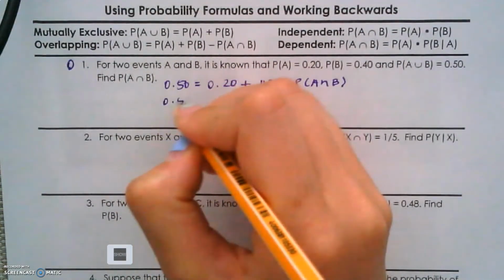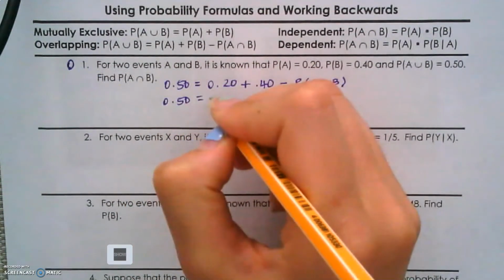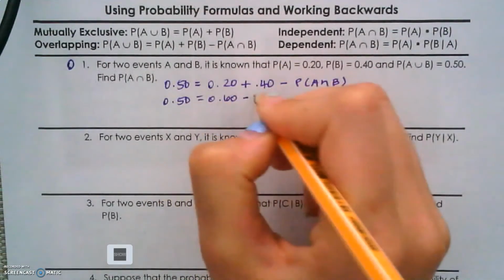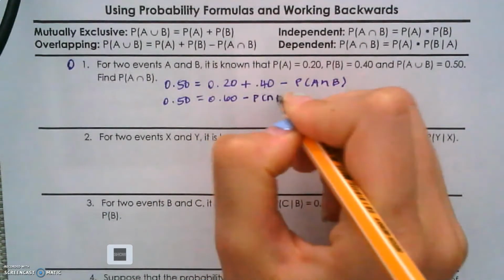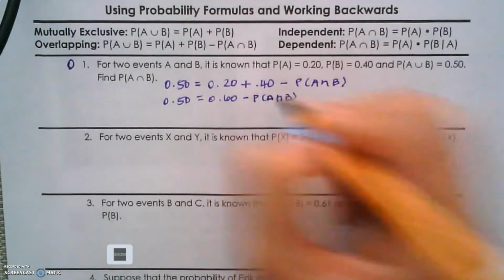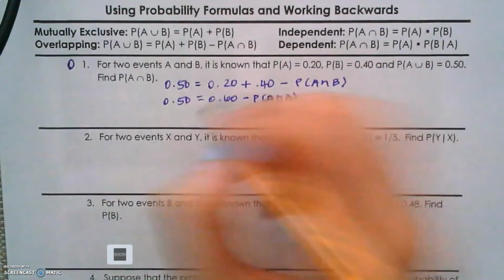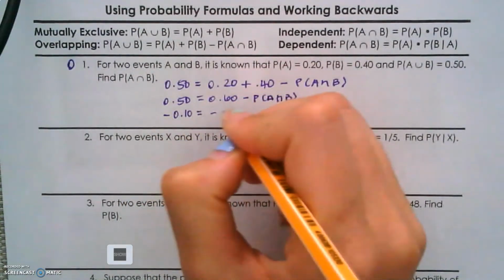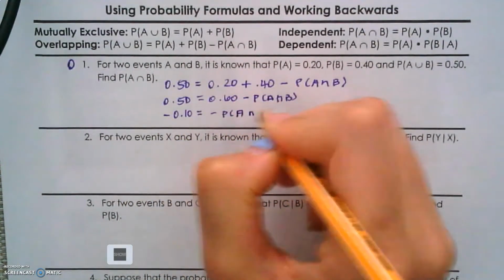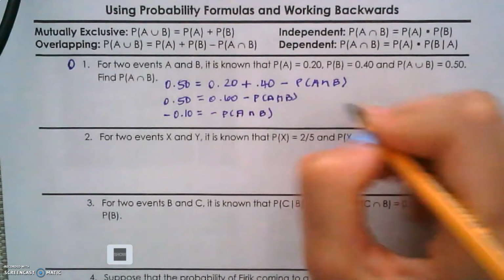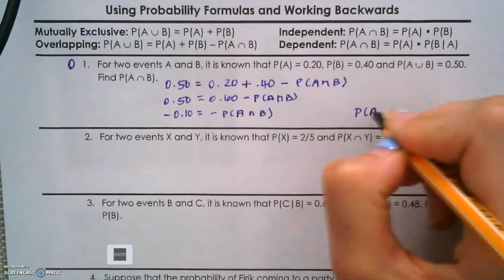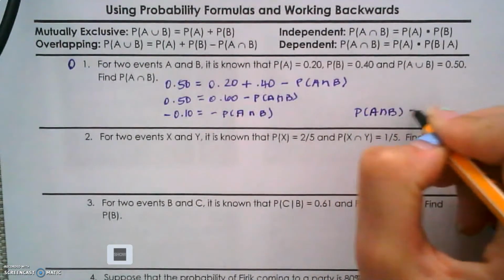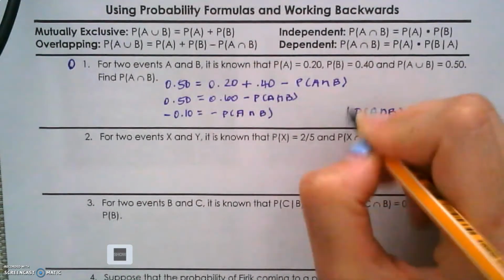So if we do some math here, that's 0.60 minus the probability of their intersection. And if I subtract, I get -0.10. So the probability of A intersect B is about 10%.